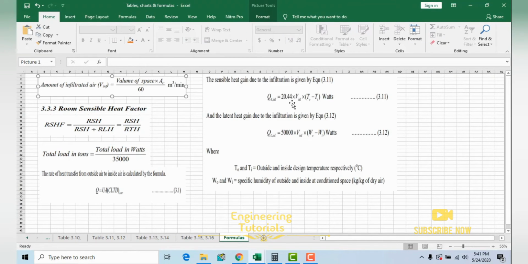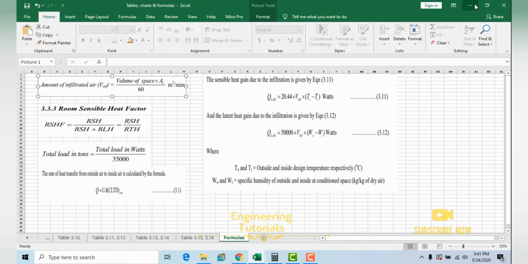The constant factor we use here is 20.44 into V infiltration into T naught minus Ti, and 50,000 into V infiltration into W naught minus Wi. This is the humidity ratio difference between outside and inside design conditions.